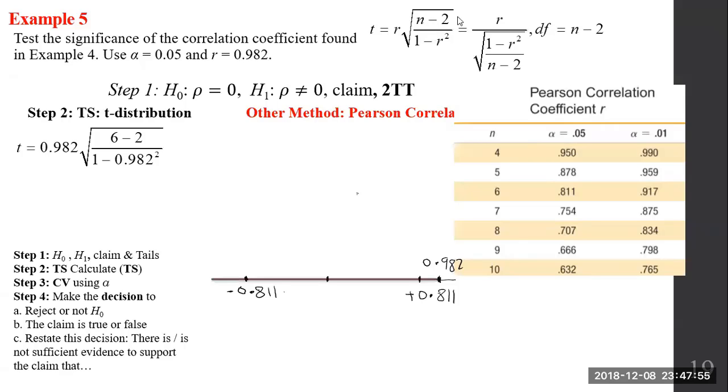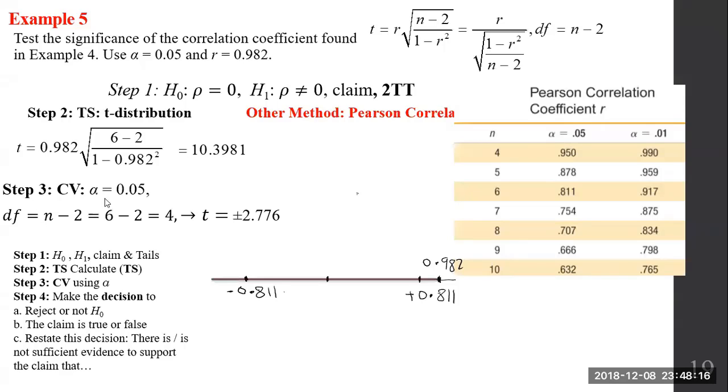Algebraically, you can manipulate these to be equal to each other. The degrees of freedom would be n minus 2. So we can use the first formula to substitute the values of R and n, and then you find that T would be 10.3981.